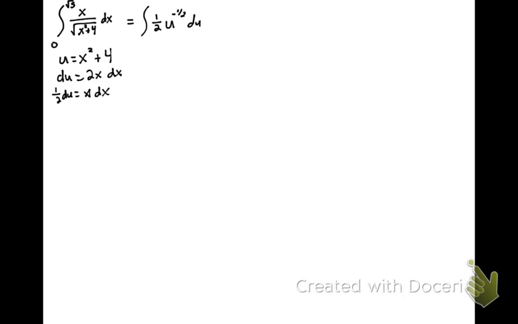My limits of integration will change. When x is 0, u would be 4, again just using this equation, and when x is root 5, u would be 9, so I'm integrating from 4 to 9. When I integrate this, this goes to u to the 1/2 from 4 to 9. The square root of 9 is 3, the square root of 4 is 2, 3 minus 2 is 1.